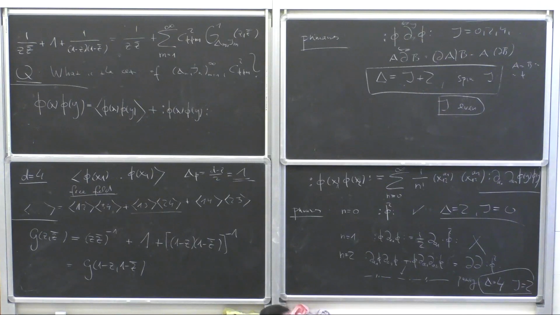This should be the sum over all of the phi squared type primaries. And the way we can analyze it is by taking the small z bar limit. So let's go to polar coordinates. So this is the z in polar coordinates, and this is z bar in polar coordinates. It's just the complex conjugate. So r is some real number, whichever you're going to take to 0. And let's look at what it looks like at small r.